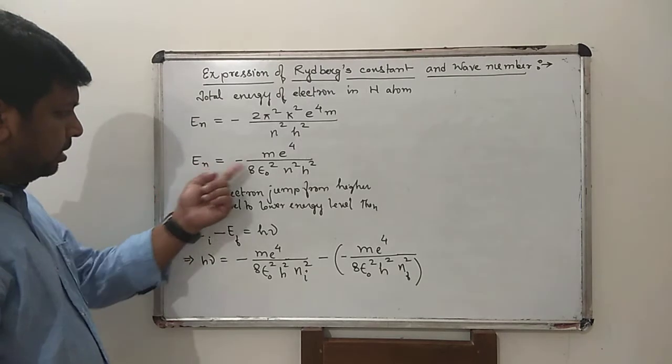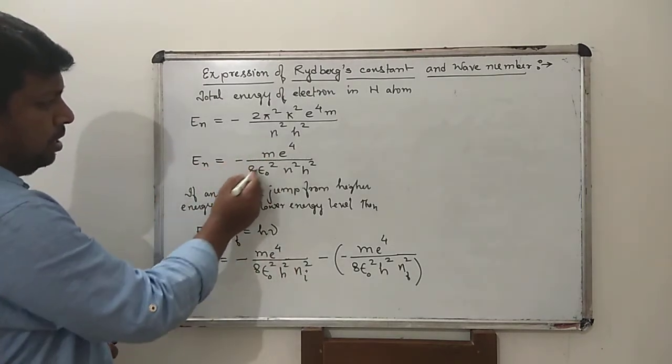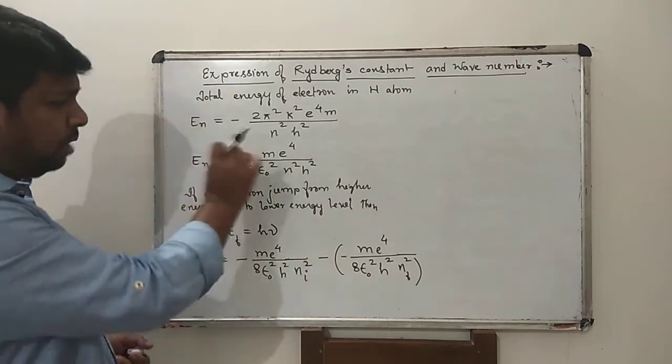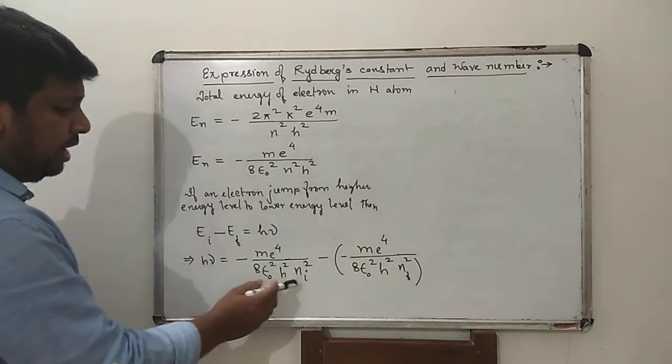Here m, e and the other parts are the same, but n is different, so n becomes ni.